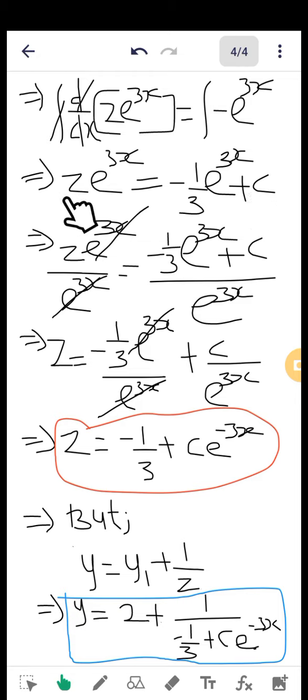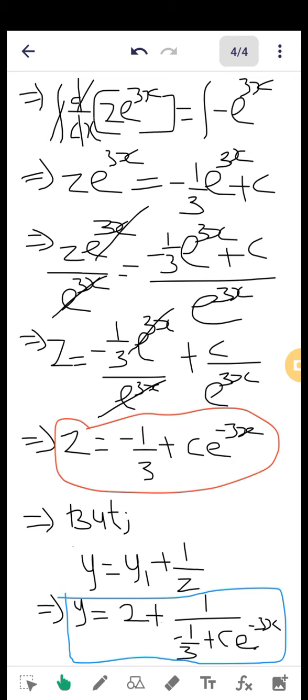We are trying to make z the subject, so we divide the whole equation by e to the 3x. Now my z equals minus 1 over 3, plus c over e to the 3x, which can be written as c e to the minus 3x.